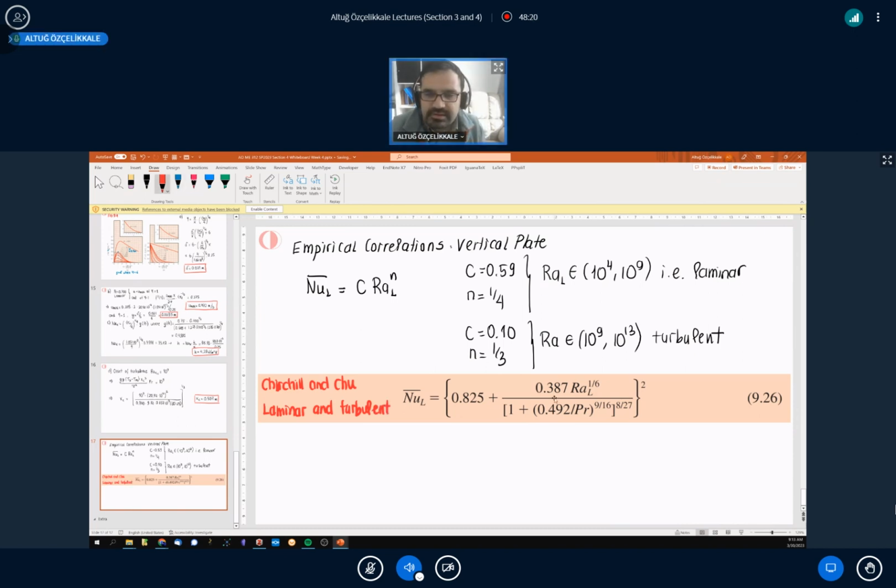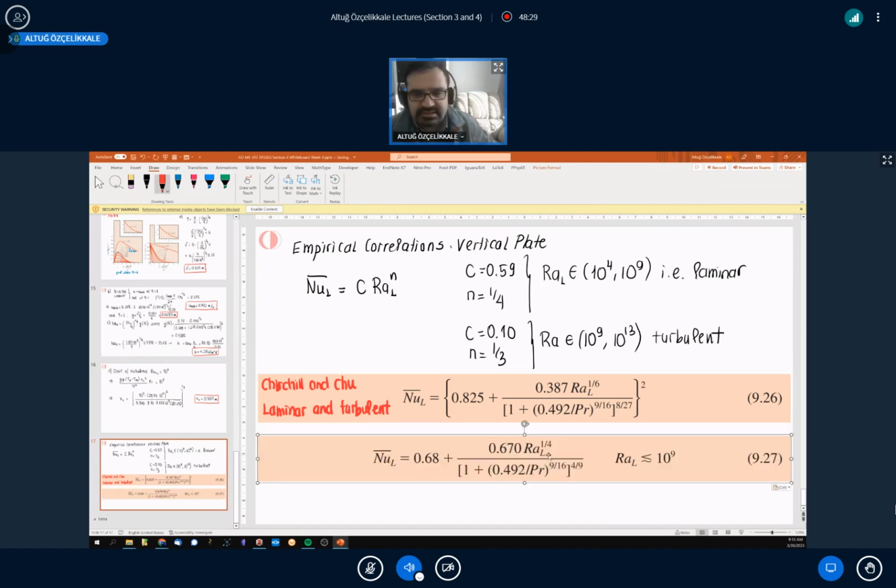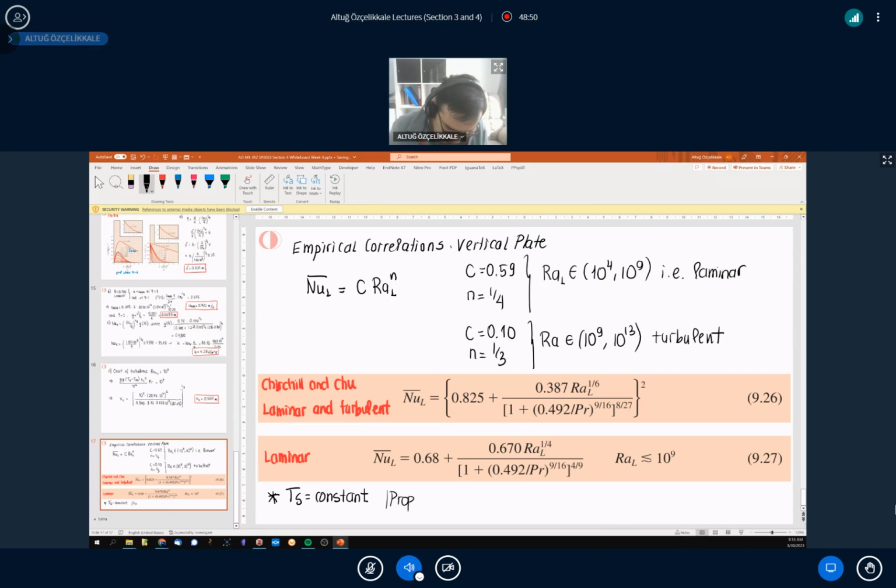And then they also went ahead and said, you know what, for laminar conditions, we can actually fine-tune this correlation and obtain another correlation. That's for laminar flow. And for all those correlations, they were developed based on constant surface temperature, and properties evaluated at the film temperature.